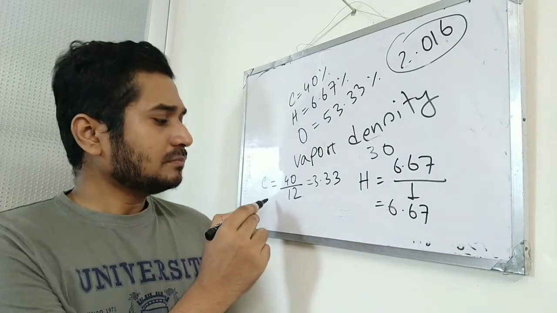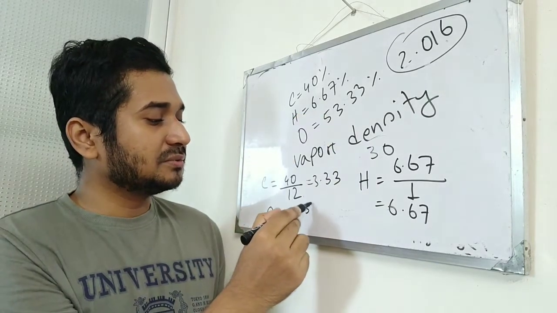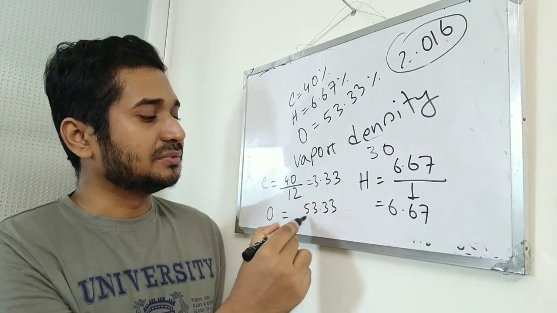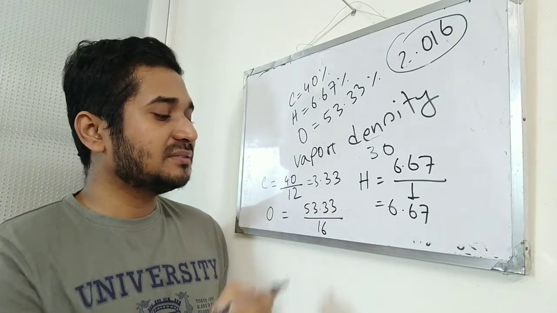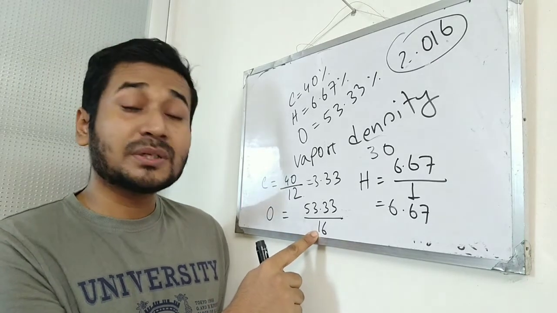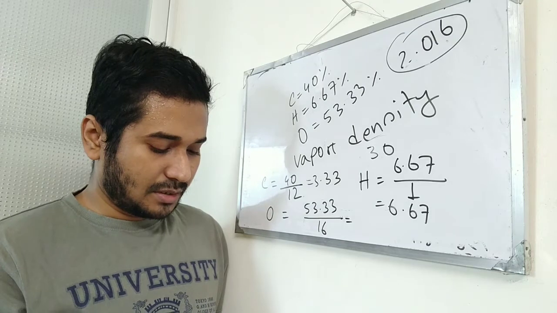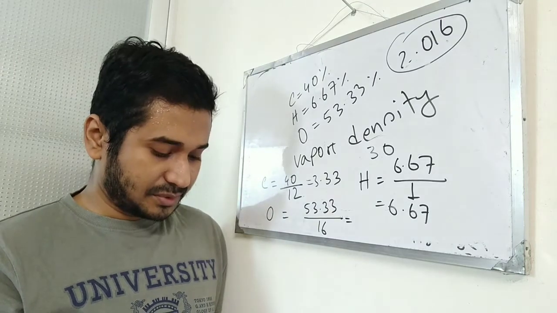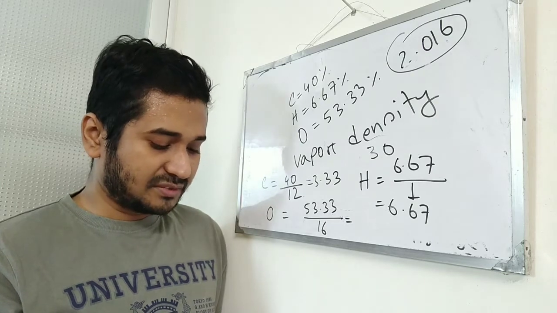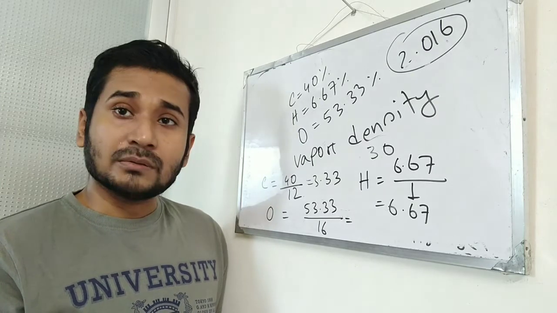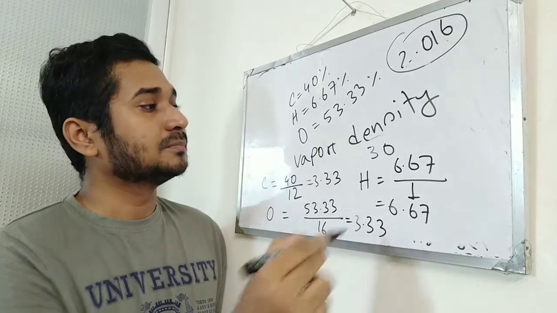Now oxygen is 53.33. You can divide by 16, the atomic mass of oxygen. 53.33 divided by 16 is again 3.33.